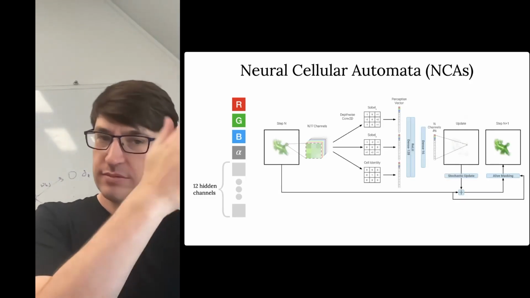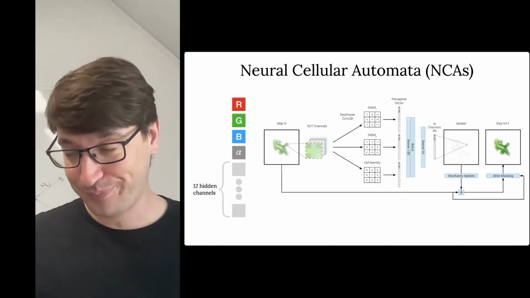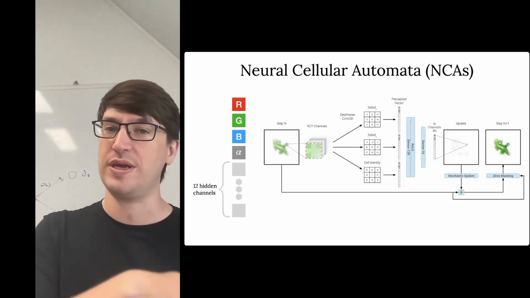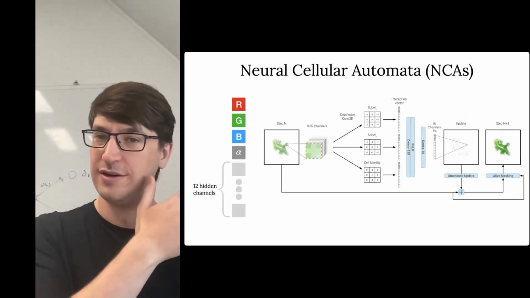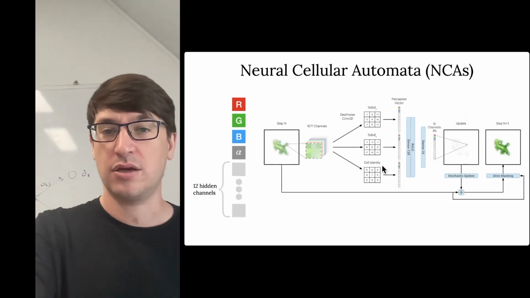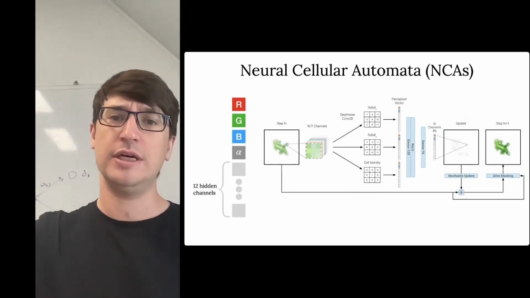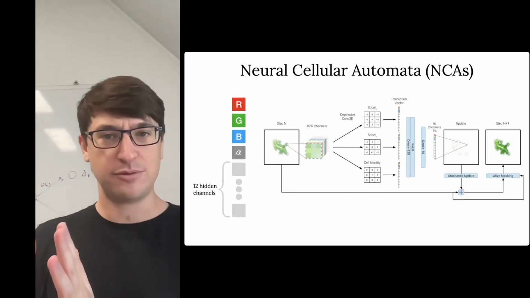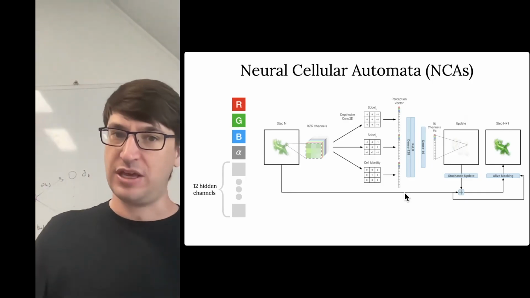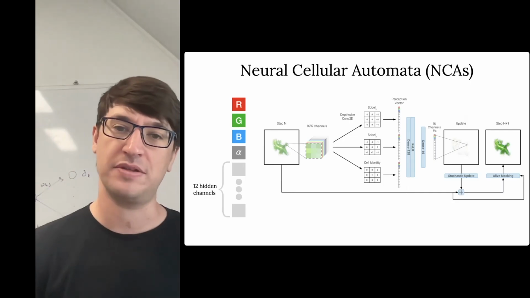Because this is now a floating point vector, we can apply a neural network. So instead of the standard kind of neighborhood rules, which we get in the hard-coded elementary cellular automata or game of life, we use convolutional neural networks. We can apply a convolution to get our neighborhood, which gives us what we call the perception vector, which represents everything going on around the particular cell, and we do that for every cell in the environment at the same time.